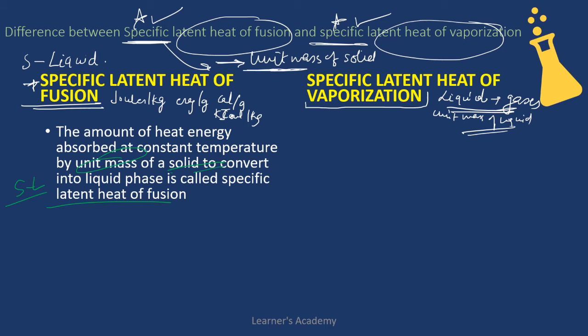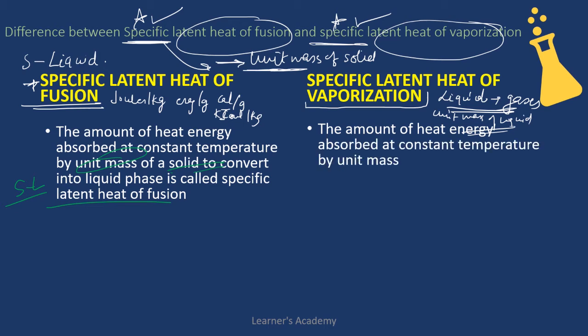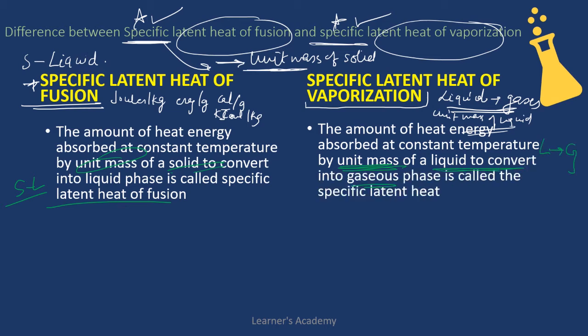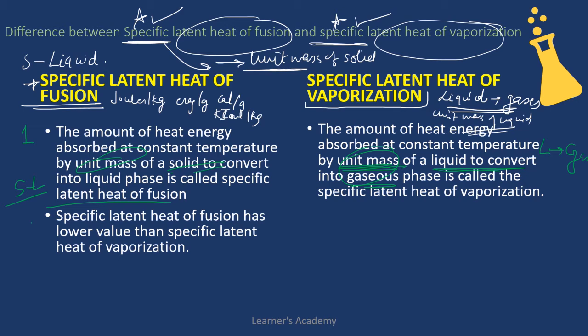Now specific latent heat of vaporization is from liquid to gaseous phase. The amount of heat energy absorbed at constant temperature by unit mass of a liquid to convert into gaseous phase is called the specific latent heat of vaporization. Now the second point: specific latent heat of fusion has a lower value than the specific latent heat of vaporization.